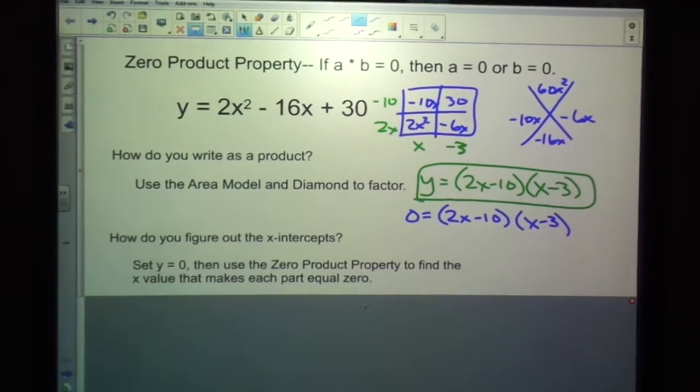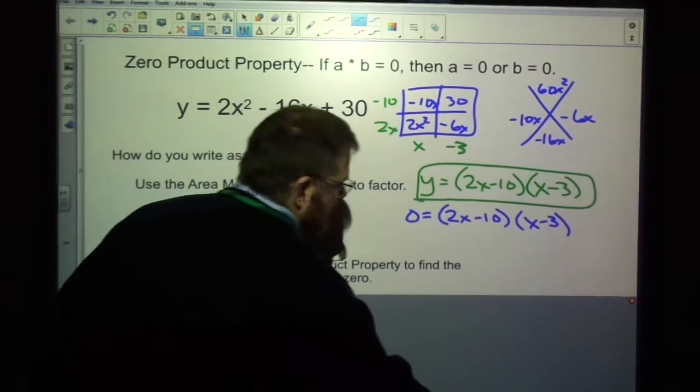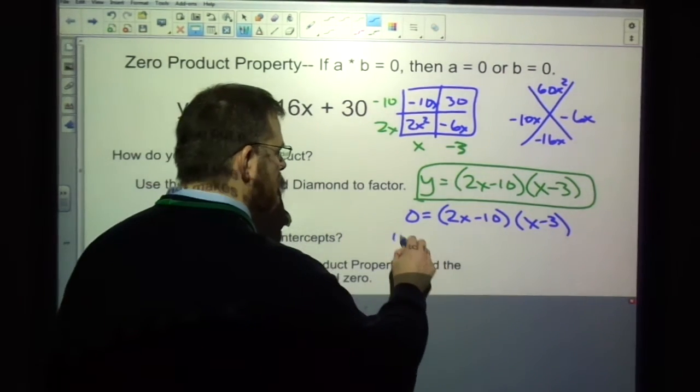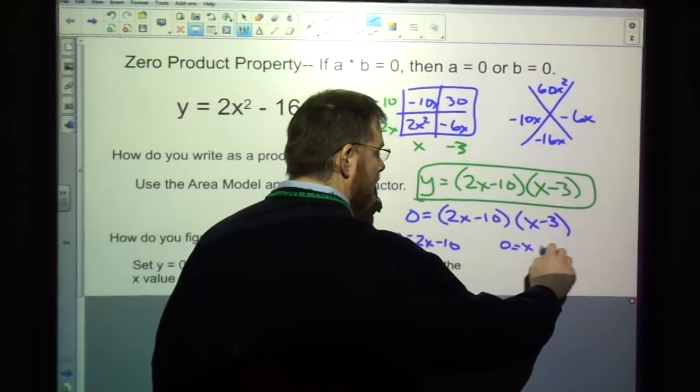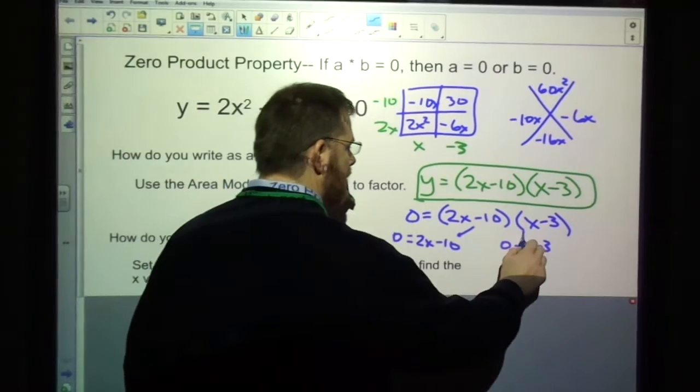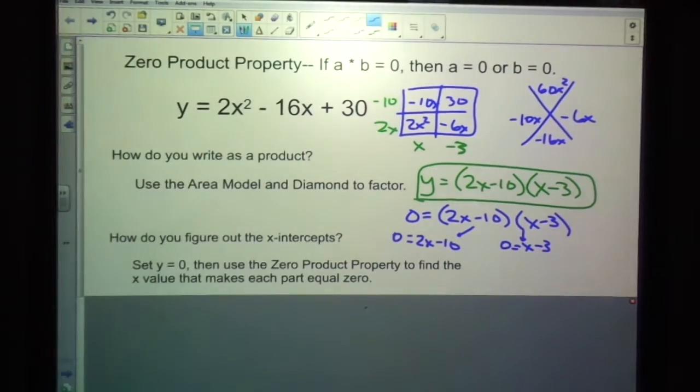Set y equal to 0, and then use the zero product property to find the x value that makes each part equal to 0. So now I just have to figure out what makes this equal to 0 and what makes this equal to 0, because one of those two things has to equal 0.